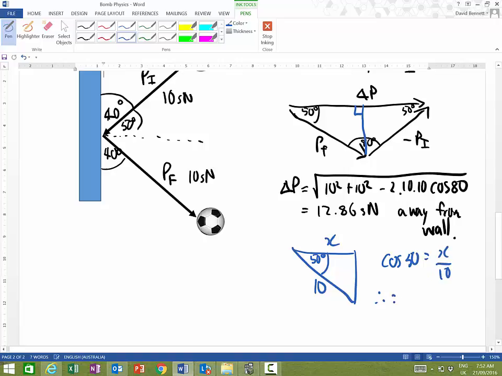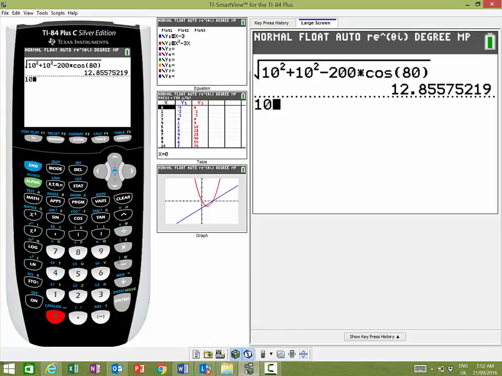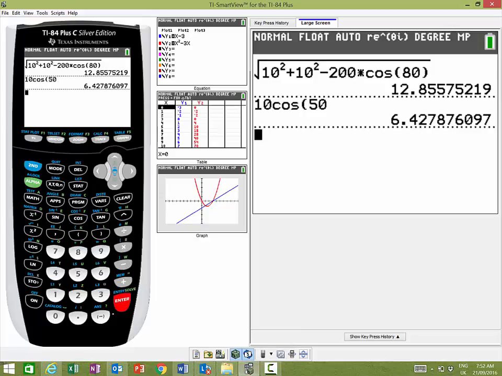Therefore x is equal to 10 cosine of 50. Go into your calculator, 10 cosine of 50, and then times that by 2, and you're going to get the same answer.